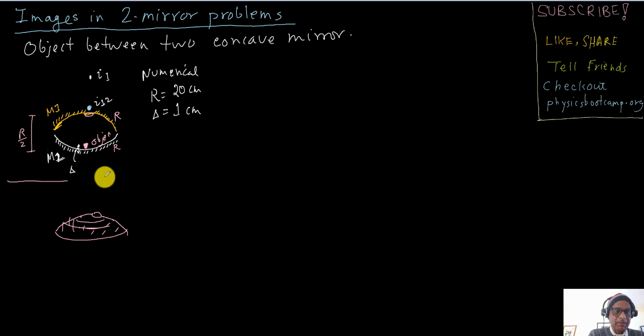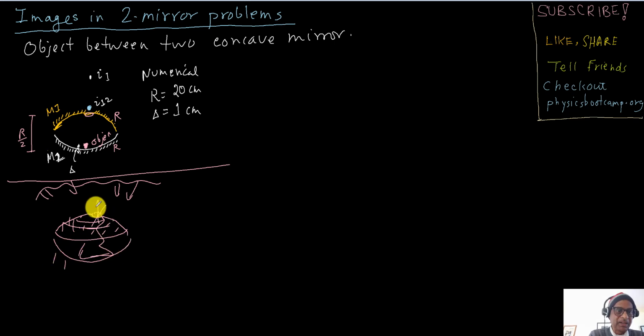You have some diffuse light source, and some of the light will go in and reflect. The bottom part is like that, so it's going to reflect around here, and light will get out. So this is the structure, and inside you have this ball, and maybe you place an object down there, and the radii of curvature are the same.